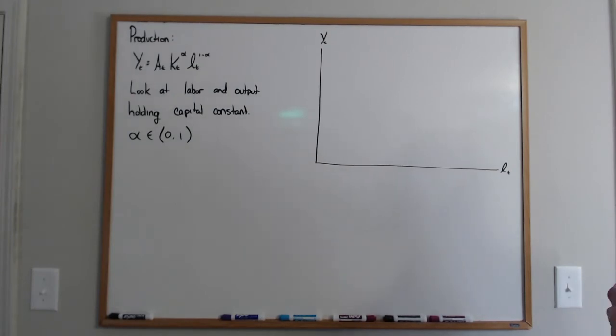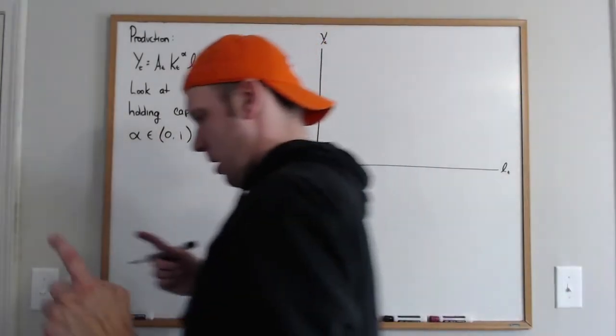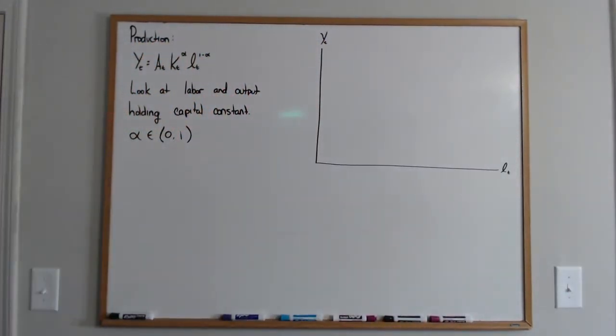Now, what's that going to mean for the shape of this graph? What it means is that in both capital and labor, output is going to be increasing, but at a decreasing rate: diminishing marginal returns. Diminishing marginal productivity of capital and diminishing marginal productivity of labor.